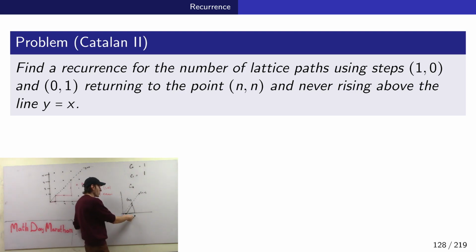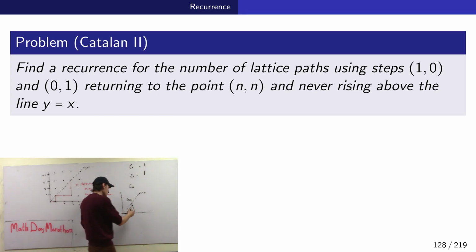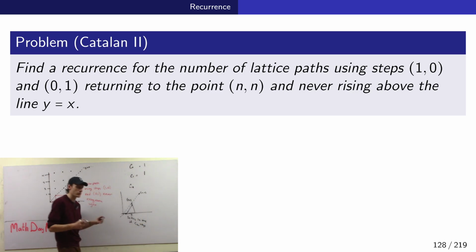I only use steps over and steps up, and I get to this point right here, which is like k minus 1 steps away. So I can do this piece right here in one of c sub k minus 1 ways.